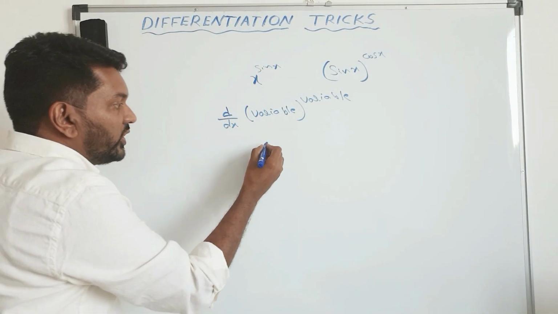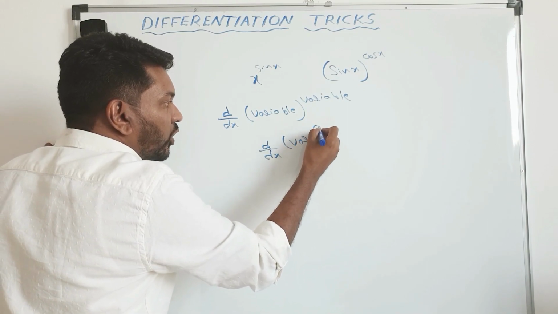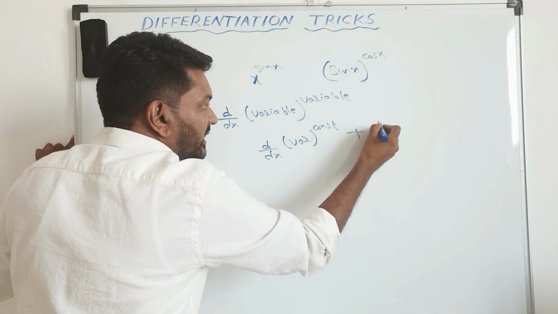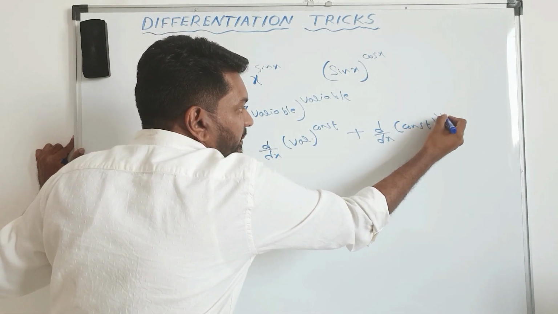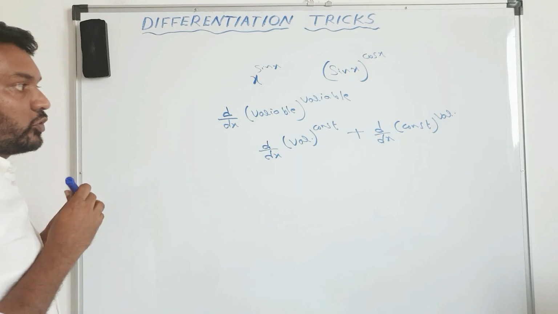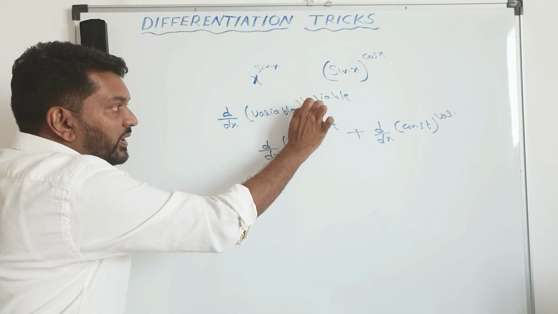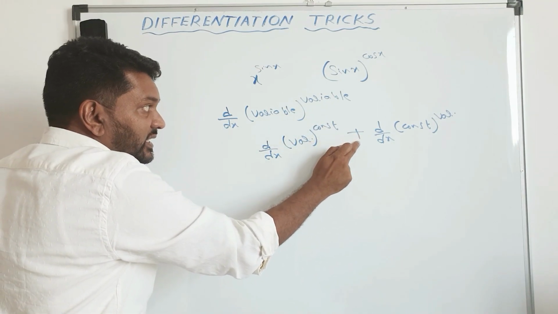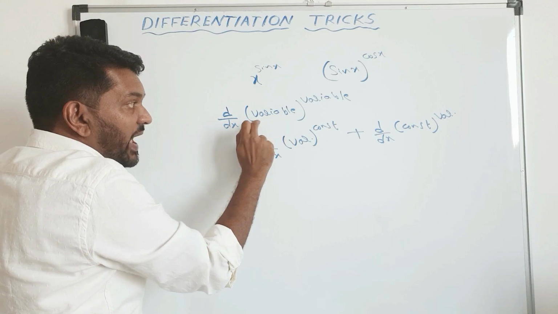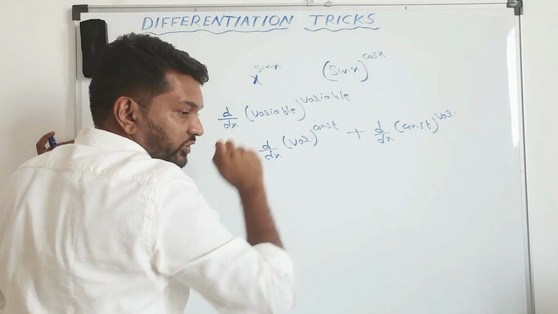What you need to do is: d by dx of variable to the power constant plus d by dx of constant to the power variable. The question is variable to the power variable. Consider this power as constant and differentiate. Then plus, consider this base as constant and this power as variable and then differentiate.